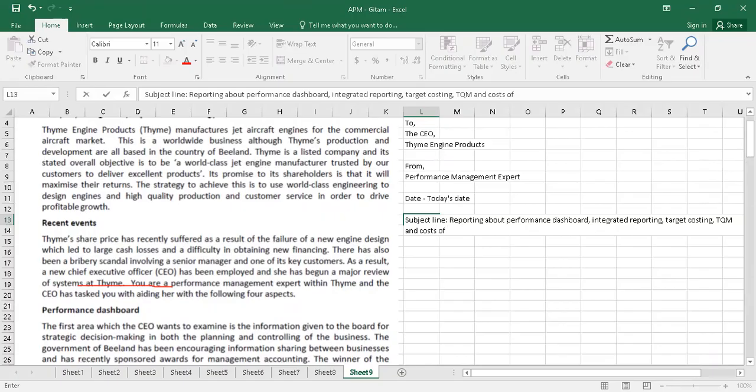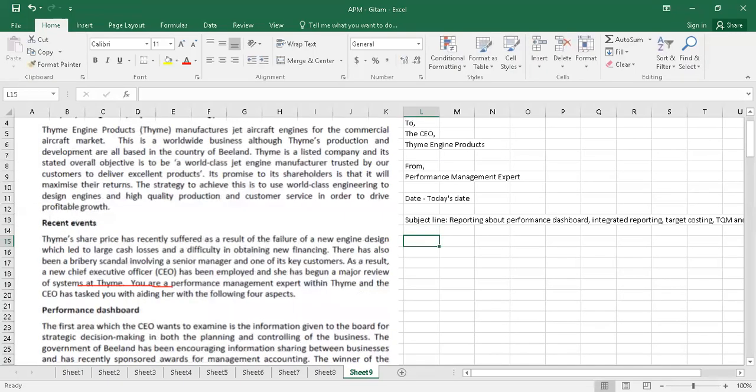So the areas which we are asked to comment about, we need to comment about that.